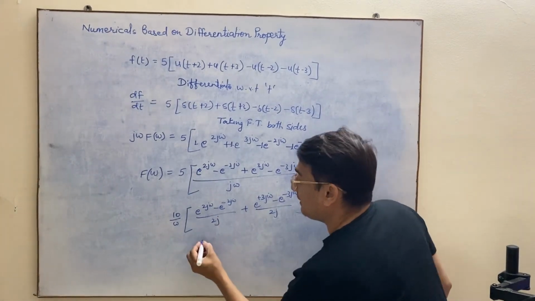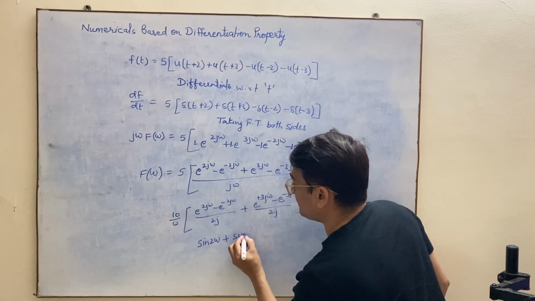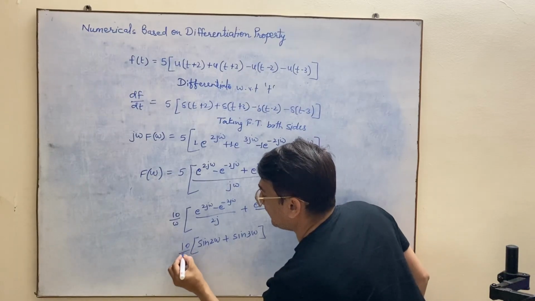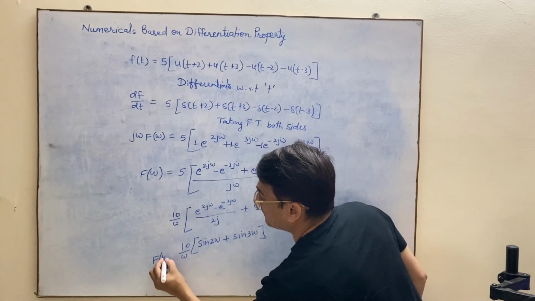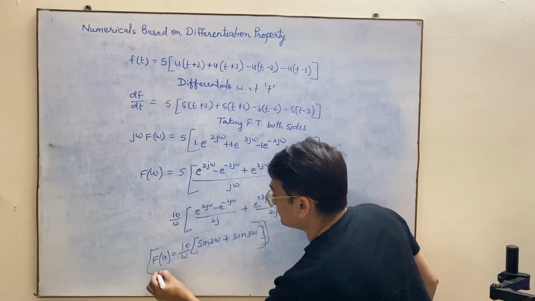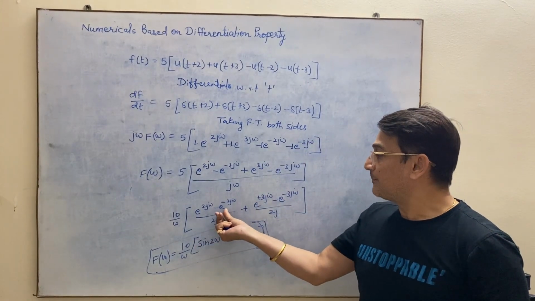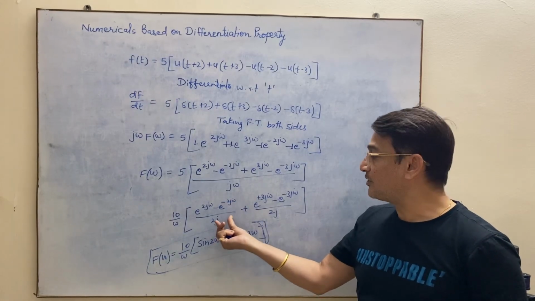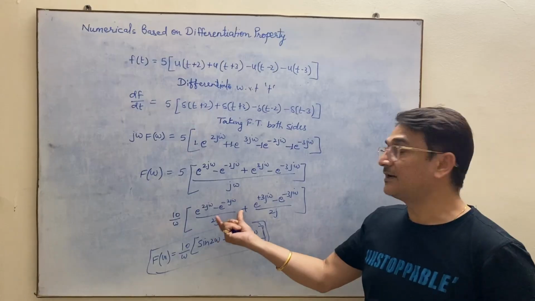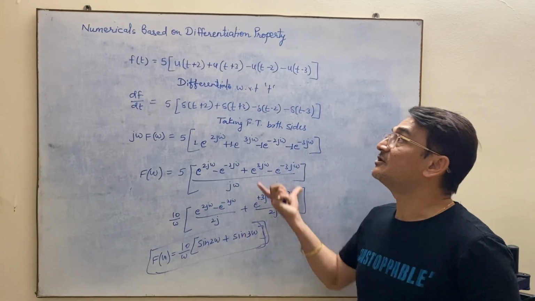So this is nothing but sine 2 omega plus sine 3 omega, times 10 by omega. So F(omega) is equal to 10 by omega times (sine 2 omega plus sine 3 omega), because e raised to the power j theta minus e raised to the power minus j theta upon 2j is sine theta. From that trigonometric identity, I have converted the exponential terms into sine functions. So this is your final answer.